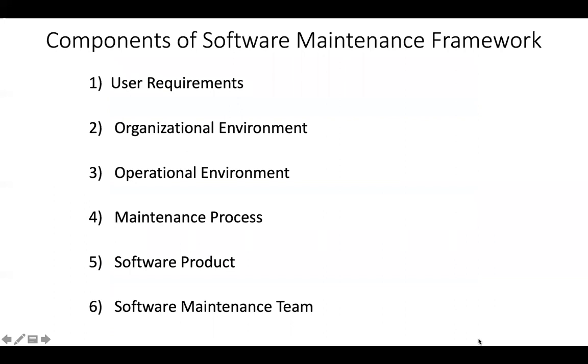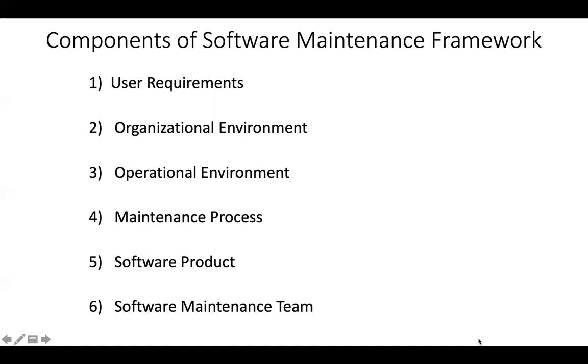Next is the software maintenance framework. The software maintenance framework has certain components, as given here, six components. First one is user requirements. Each and every component has its own features, so I'll tell you the features of each component. User requirements features are requesting additional functionality, error correction capability, and improvement in maintainability.